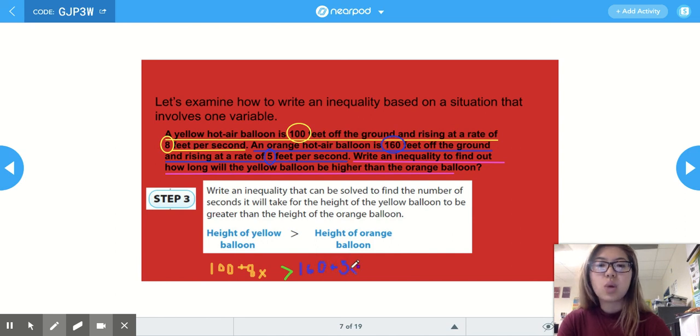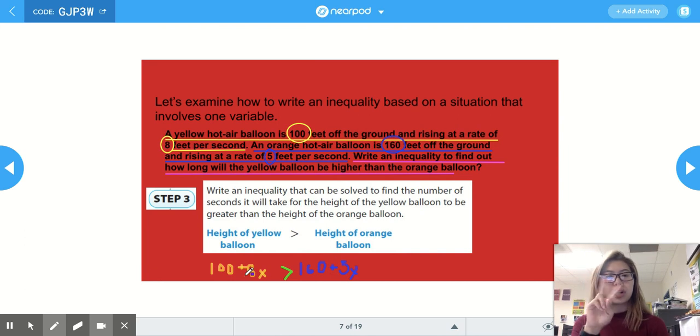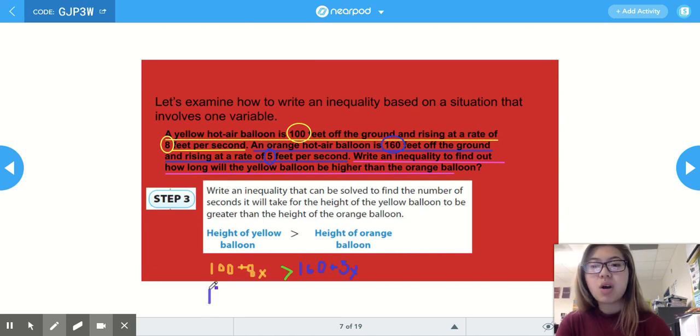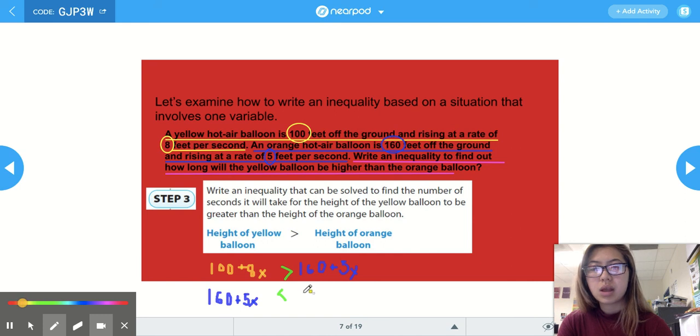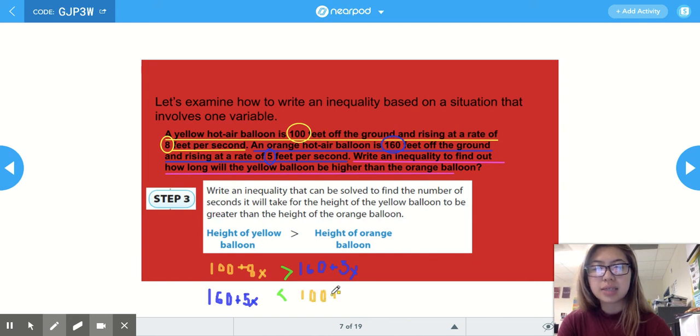The thing about inequalities is that if we flip the order of the expressions, then we also have to flip the inequality symbol. So this is equivalent, or the same thing, to 160 plus 5x is less than 100 plus 8x.